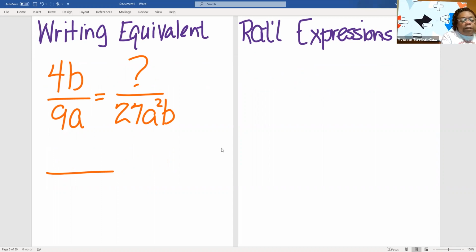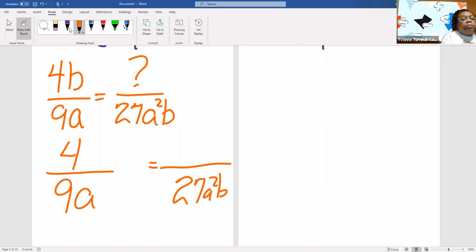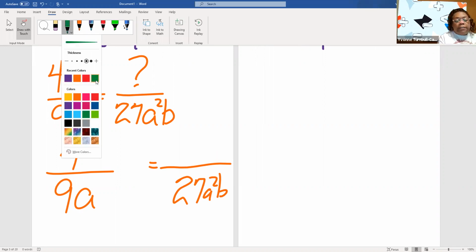Okay, the numerator is 4. You have 9a. And they tell you that that equals 27a squared b. So you're trying to get from 9a to 27a squared b. And when you do that, they're going to be equal fractions. So you ask yourself, what times 9 is going to give me 27?